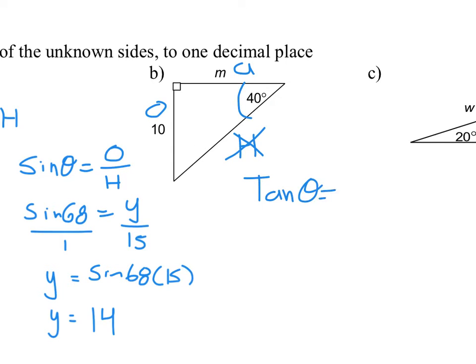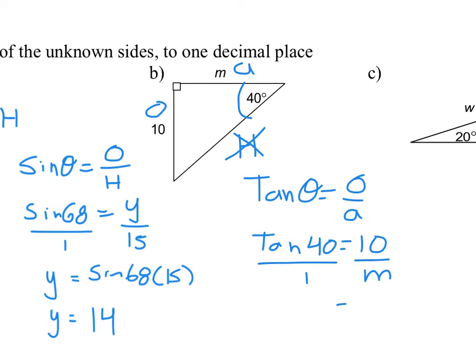So tan theta is opposite over adjacent. Then you'll fill it in, tan theta, theta being the angle, which is 40, opposite being 10, adjacent being M in this case. We'll cross multiply, 1 times 10 is 10, tan 40 times M is tan 40M.